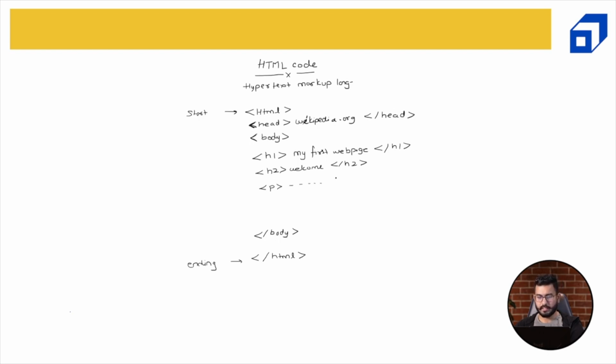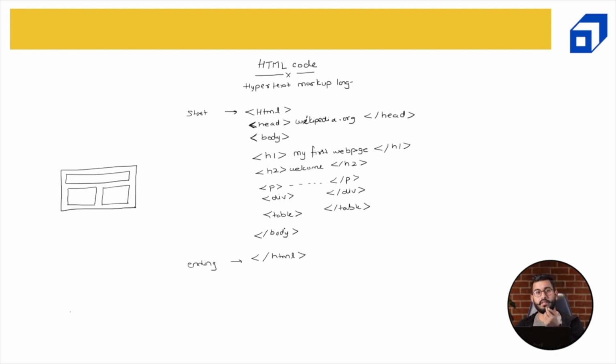Then we have written some paragraph /p. If I want to create a division, so what is a division? So let's say this is my web page, and within this I want to divide this web page into 3 divisions. So first section or division, second division, and third division. Now this is something which we can do using div tag. So div and then /div. Then for table we have a table tag. So /table.